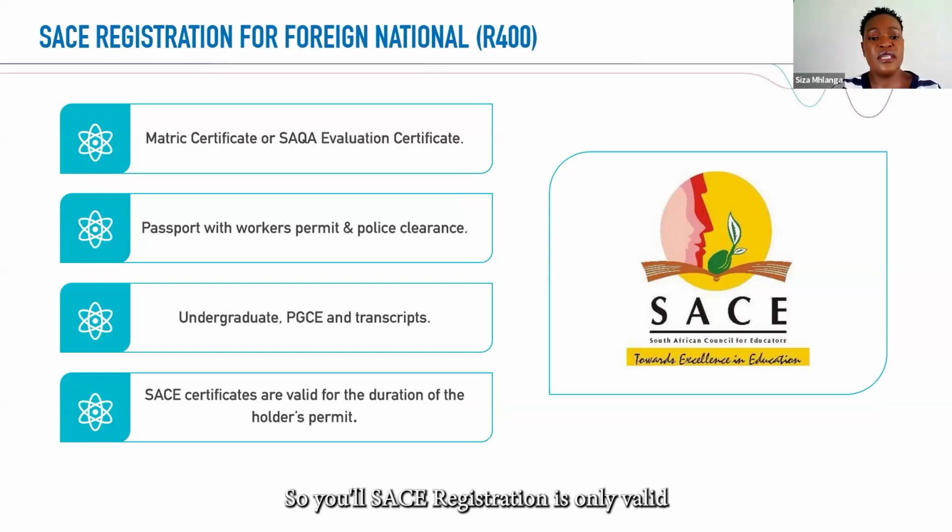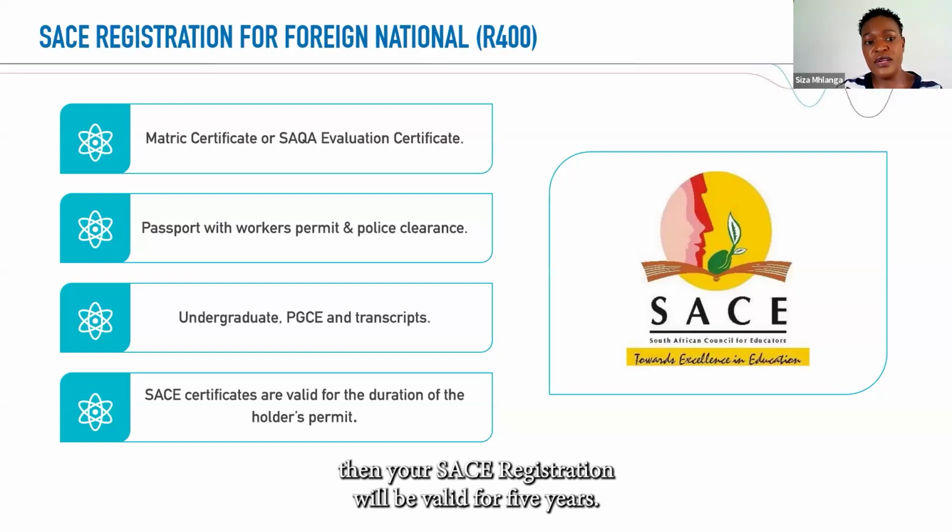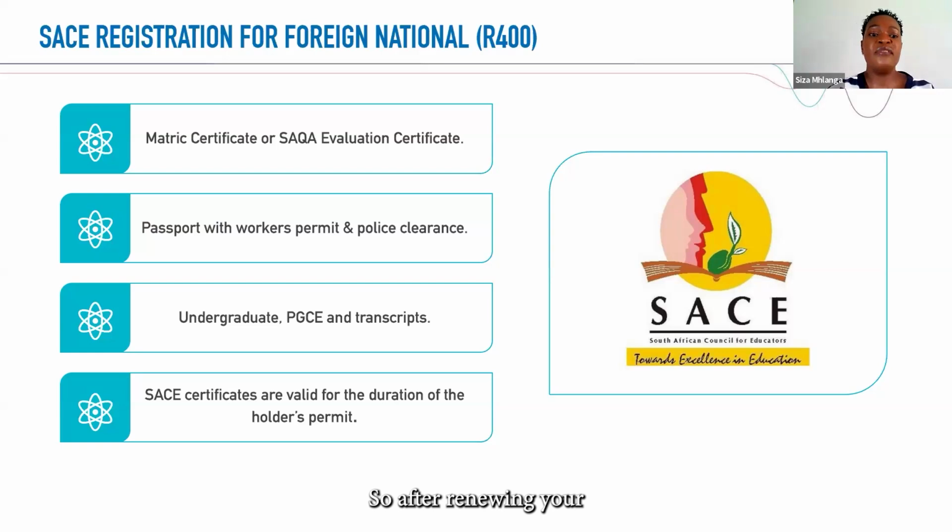So your SACE registration is only valid for the duration of your worker's permit. If your worker's permit is valid for 5 years, then your SACE registration will be valid for 5 years. After renewing your worker's permit, you can then also go and renew your SACE registration.